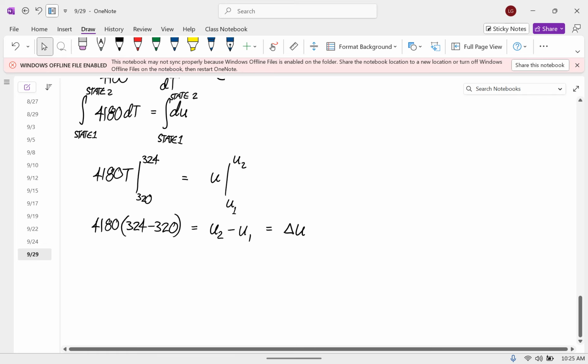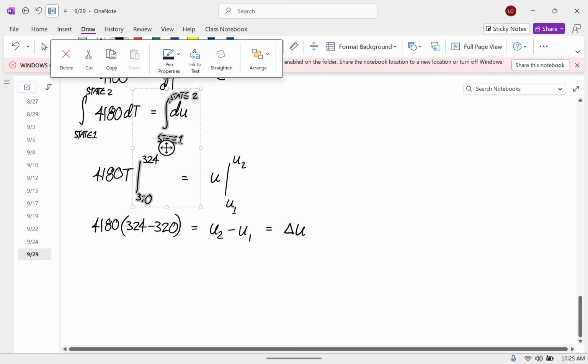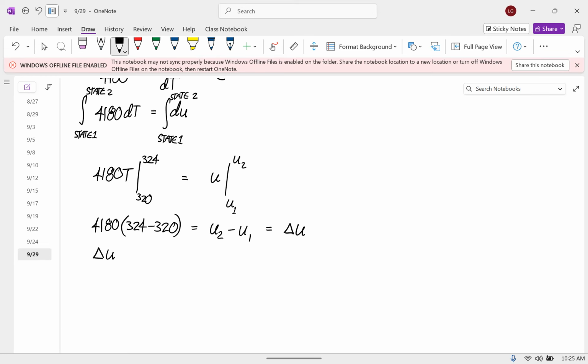So do that multiplication, and you get that delta little u is equal to 16.72 times 10 to the third joules per kilogram. Now we want the change in extensive internal energy.